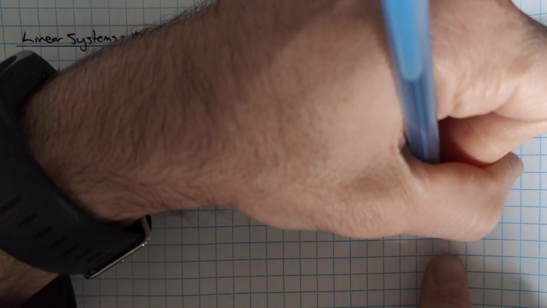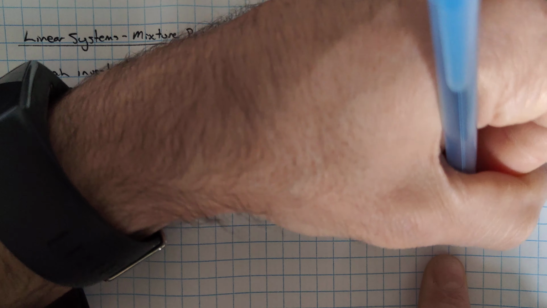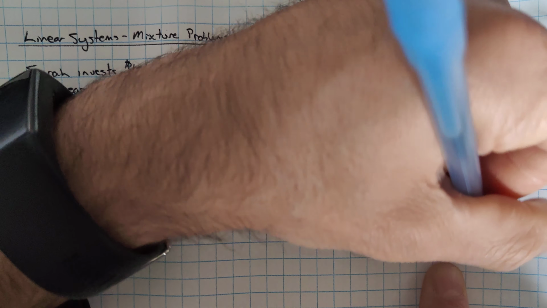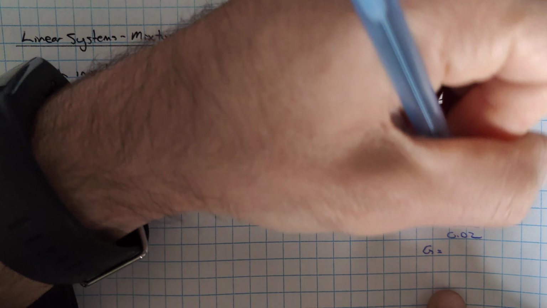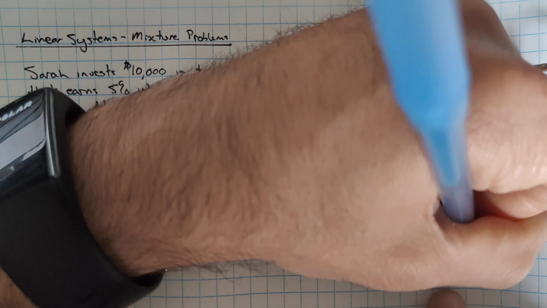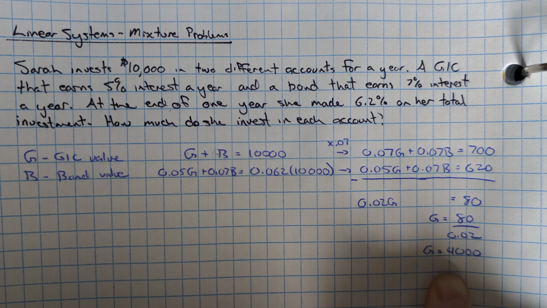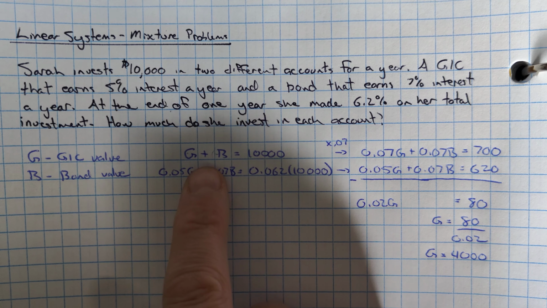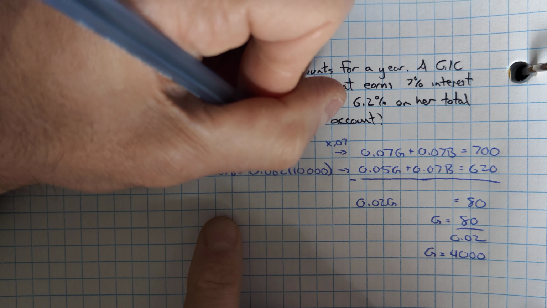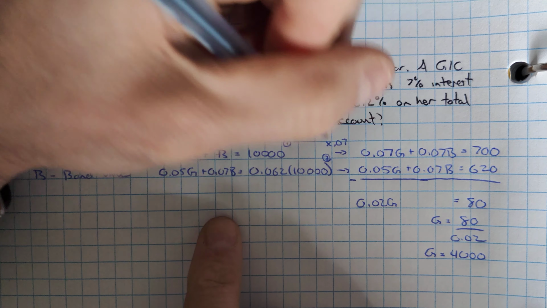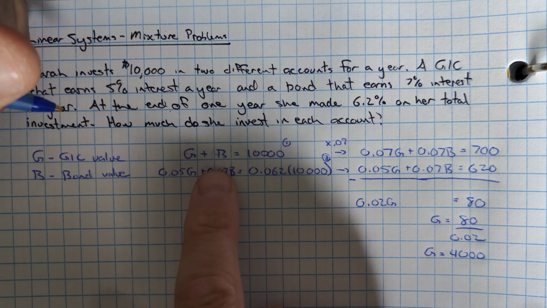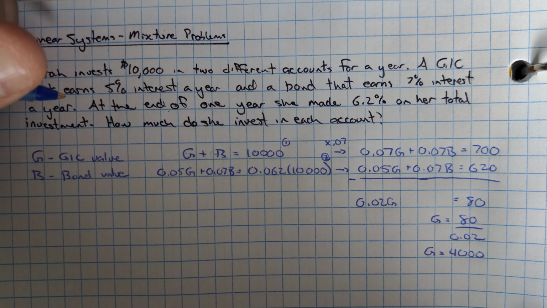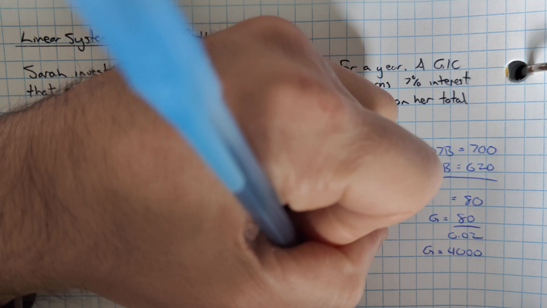So now I'll just divide both sides by 0.02 to finish this off and get my GIC value of 4,000. So she's invested $4,000 into the GIC. And then going back to our initial equation here, if we were to number them 1 and 2 to reference them, equation 1, I'm going to sub that in and solve for the B value.